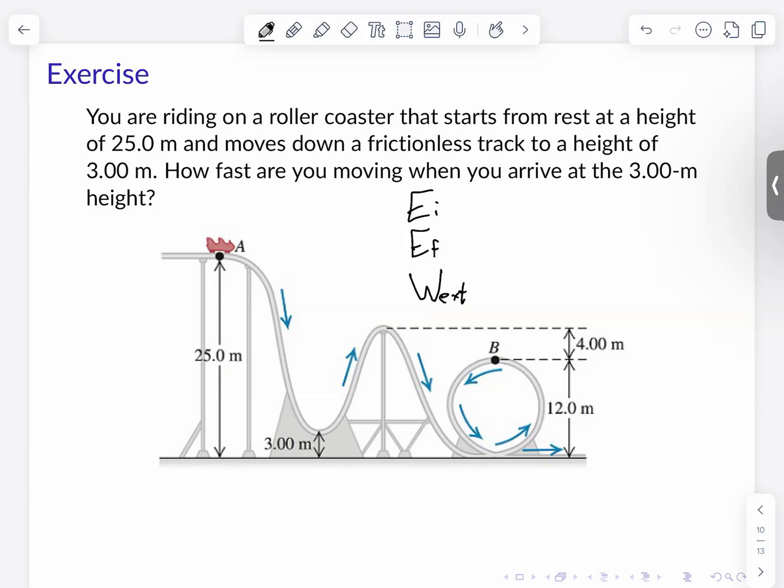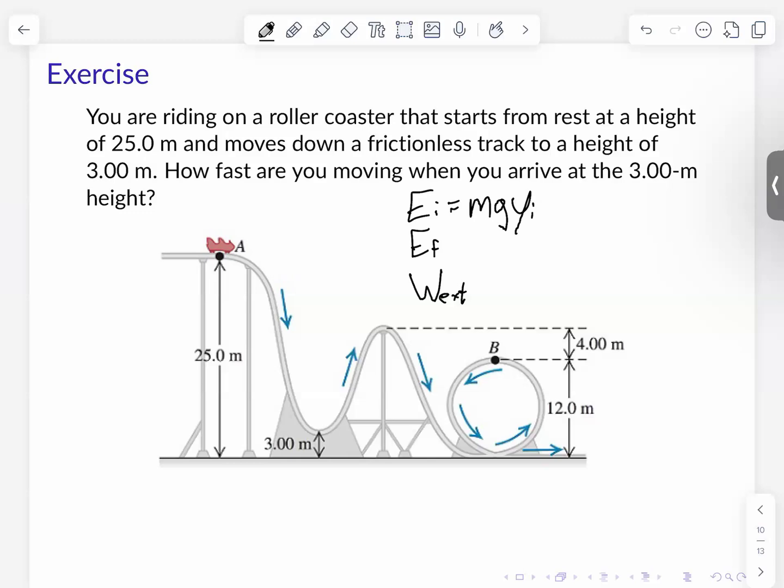I said I start from rest at a height. Great, so write down that equation. What is the equation for potential energy? And y is going to change, so I'll say y initial. m doesn't change unless the writers throw up. Any other form of energy, or is this the total initial?